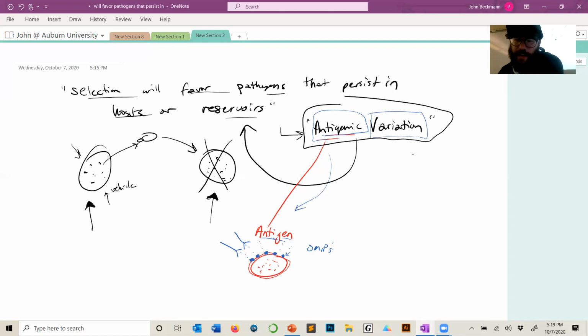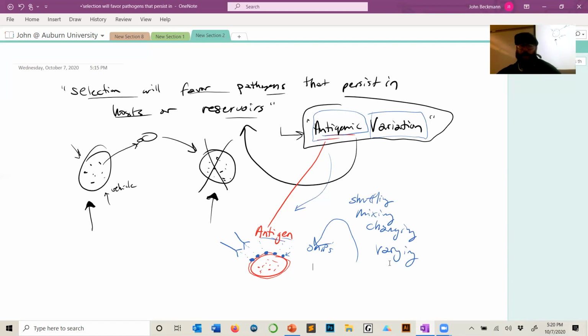What did that imply with variation? Ifan, what would variation mean? It's different. They're shuffling, they're mixing, they're changing, they're varying these antigens. And then what's going to happen?